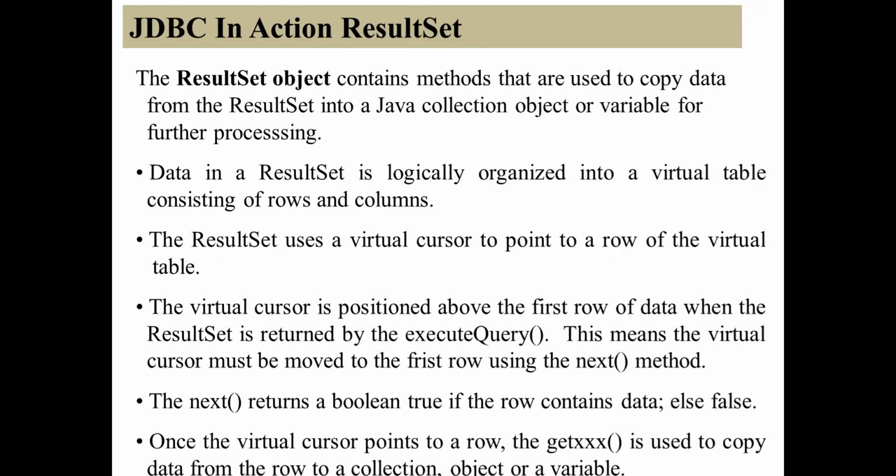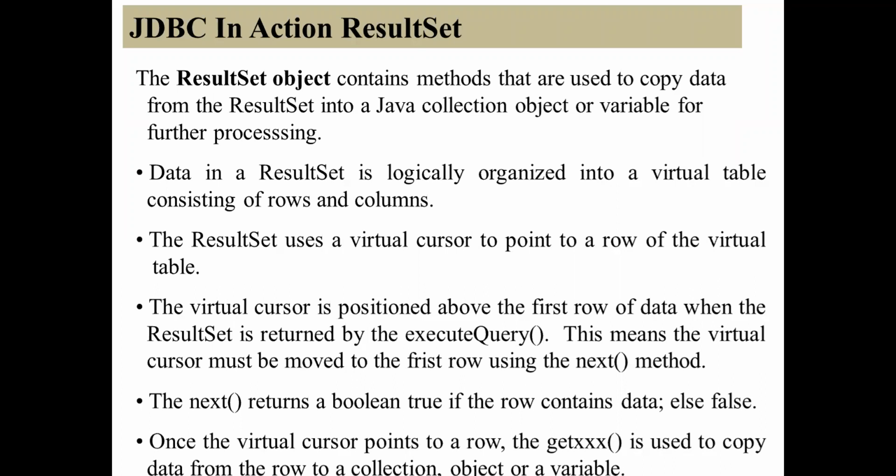When you copy the data from the result set, the data is logically organized in a virtual table and consists of rows and columns. That is the first point.